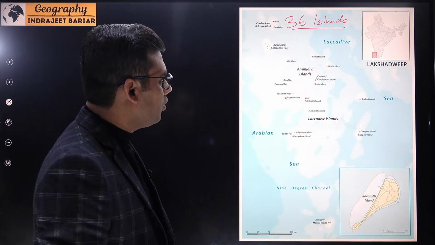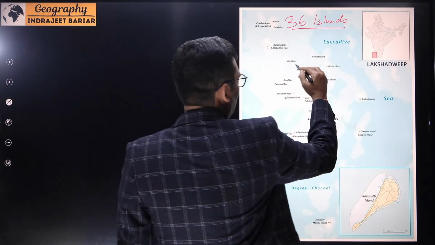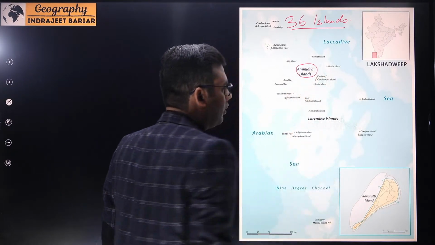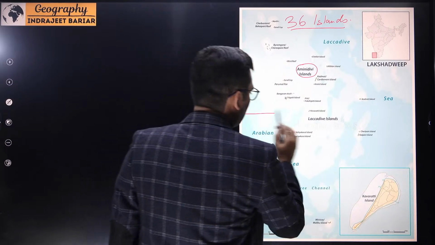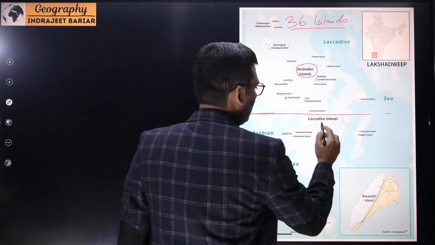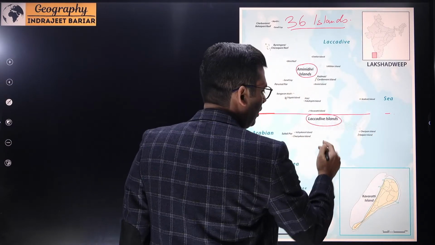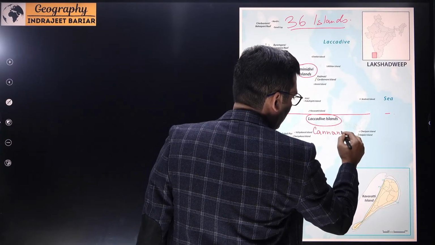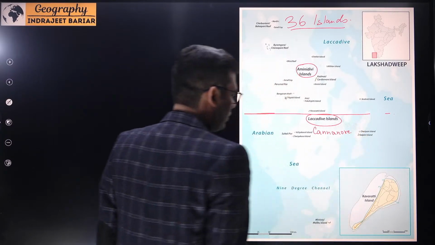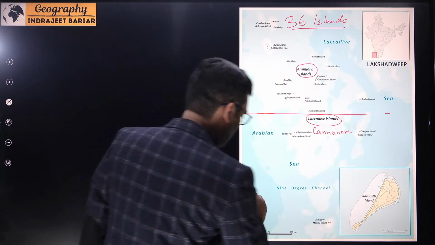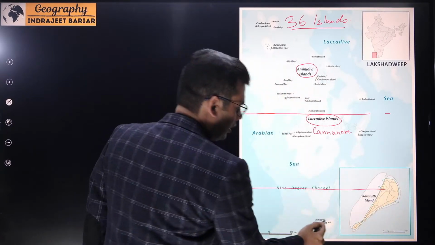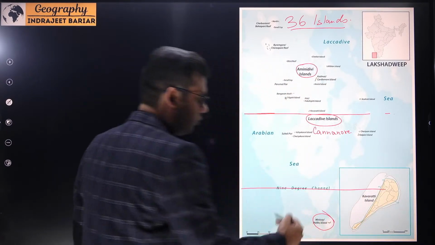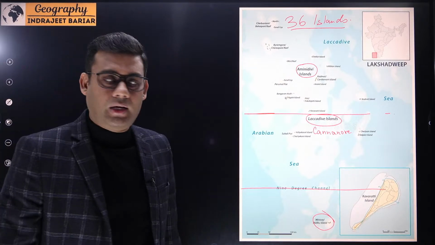The first group is the Amindivi Islands. The second group is the Lakshadweep Islands, which are also called the Cannanore Islands. And the third one comprises one single atoll called Minicoy Island.